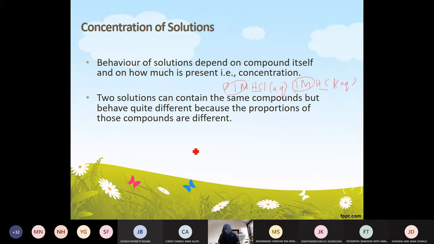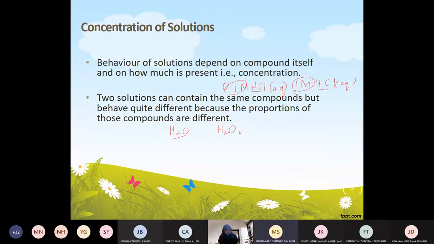So next point, two solutions can contain the same compound but behave differently because the proportions of the compound are different. For example, H2O will behave differently from H2O2. You know what H2O is? Tahu tak apa H2O?